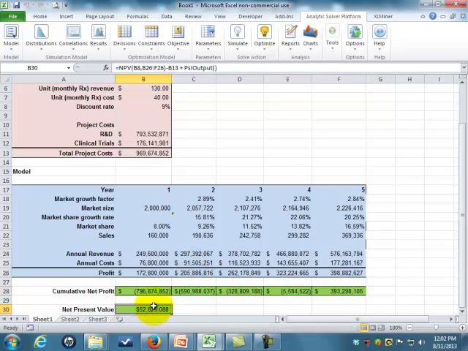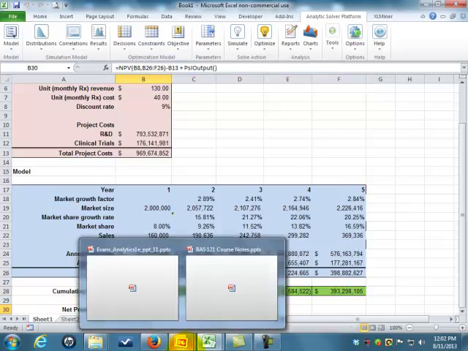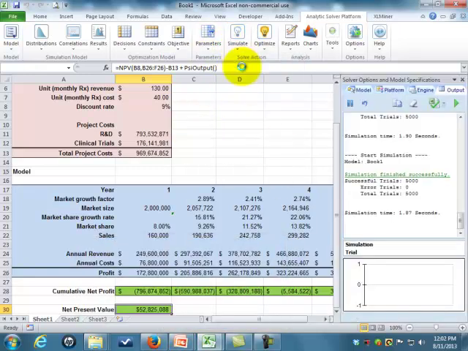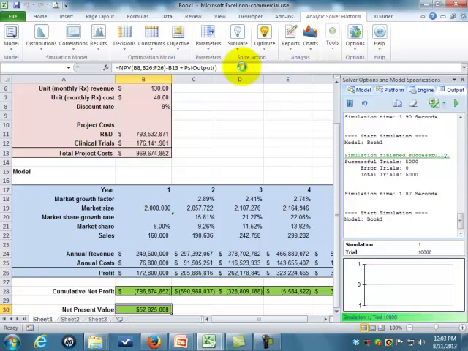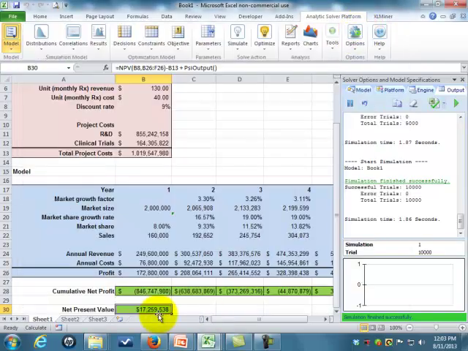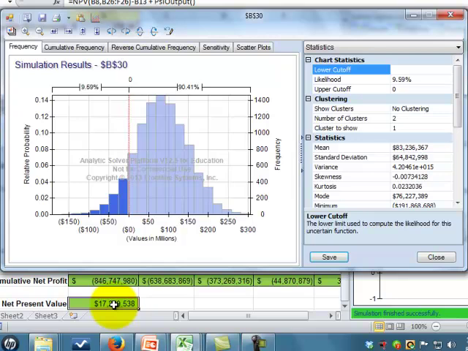The first question, I believe, was what's the probability that we're going to have a positive net present value? So let's go ahead and simulate this, run this once, and see what we get. Now, I'm going to close this or minimize it.